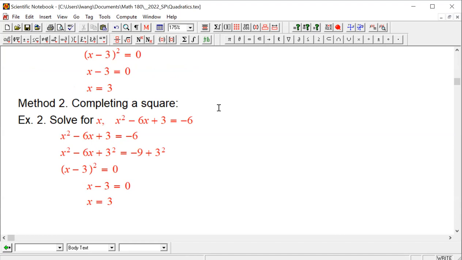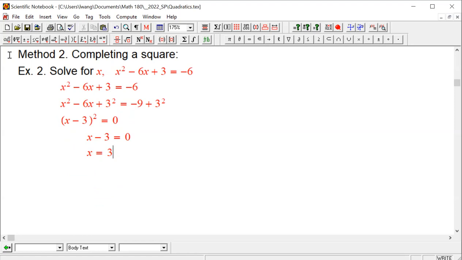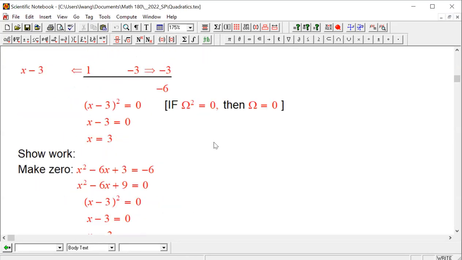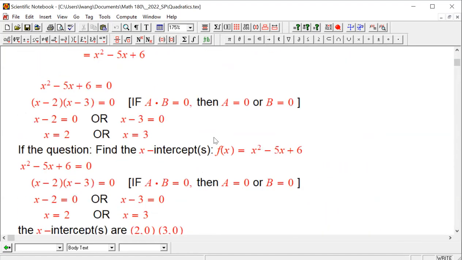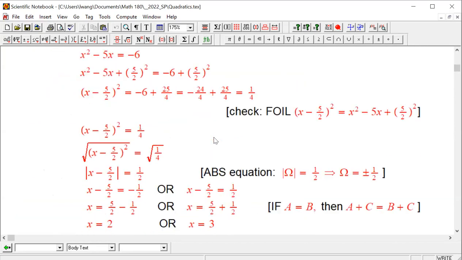We'll get the same answer whichever method you use. Let's look at method 3. Okay, we're going to use the quadratic formula. Do we still remember the quadratic formula? Of course you do. Let me bring those formulas back with us.